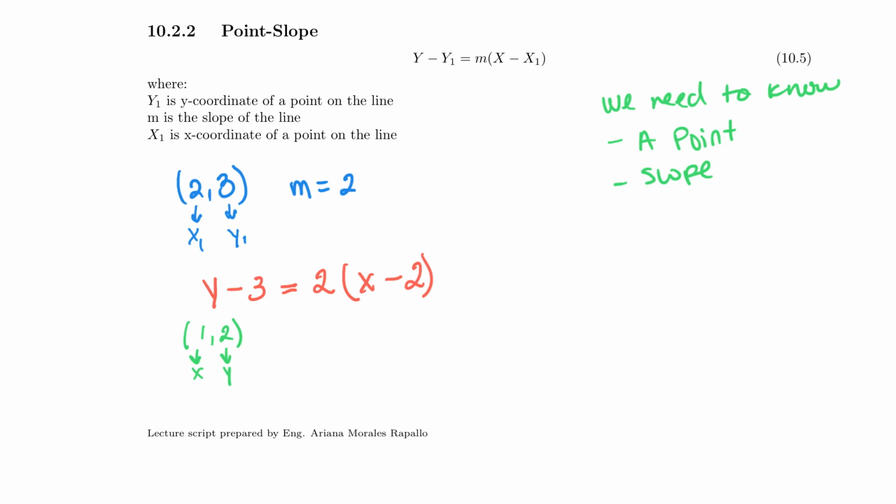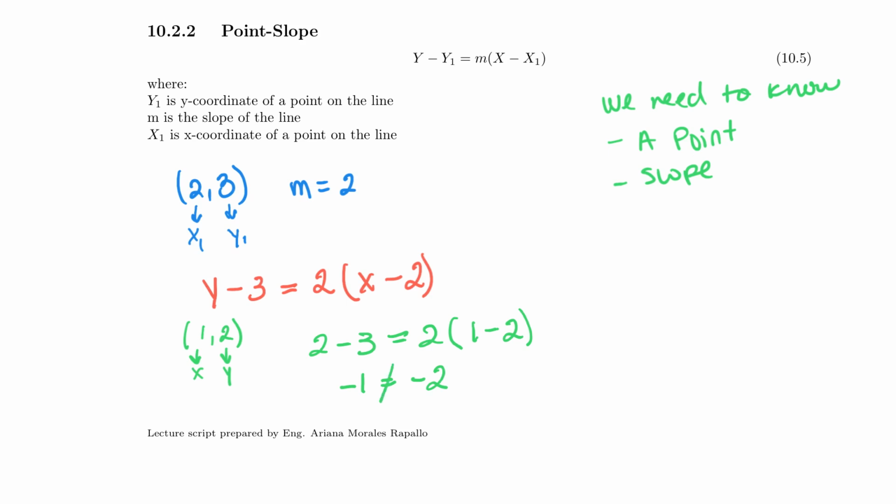Okay, so y will be 2 minus 3 is equal to 2 that multiplies 1 minus 2. Okay, let's solve this. This will be minus 1 is equal to 1 minus 2, that will be minus 1 times 2, that will be minus 2. Is minus 1 equal to minus 2?